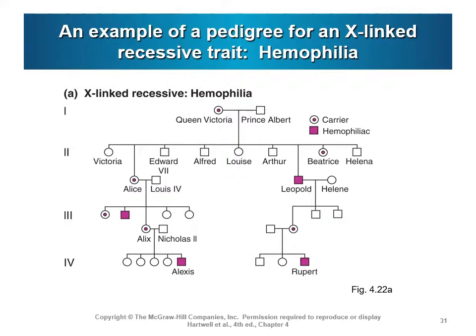Between the second and third generation, Alice was a carrier, and Leopold, offspring from Beatrice, had it. In the third generation, there was a carrier and someone who had it, and then Alex was a carrier, and in the fourth generation Alexis had hemophilia. On the right side, we had a carrier between the third and fourth generation, and then Rupert had it.